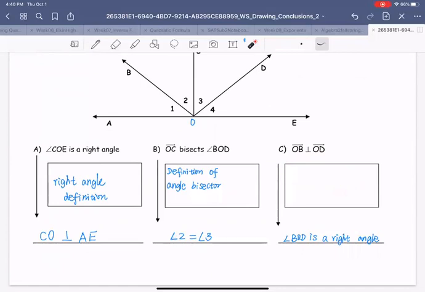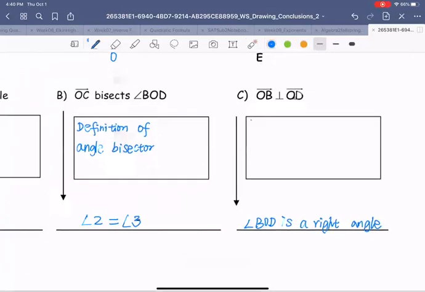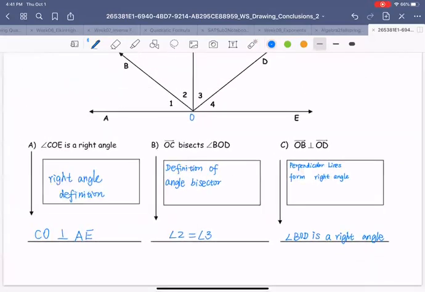Please write down the notes. Perpendicular lines form right angle. Does that make sense to you?